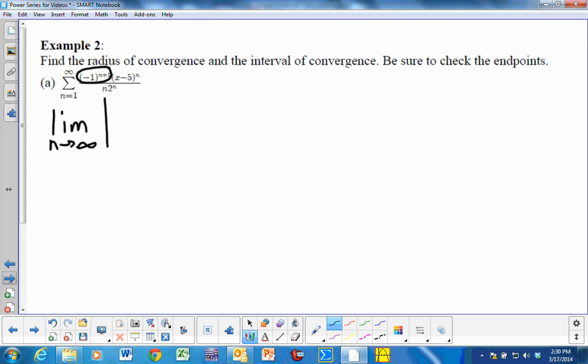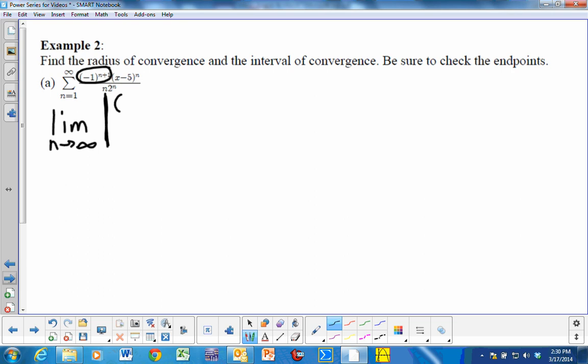So it would be kind of pointless for me to write that. It's just going to go away no matter what, because it's absolute value. So when you have a negative that is just a multiplier like that, you don't need it. So we just ignore that for this limit because I'm doing absolute value.